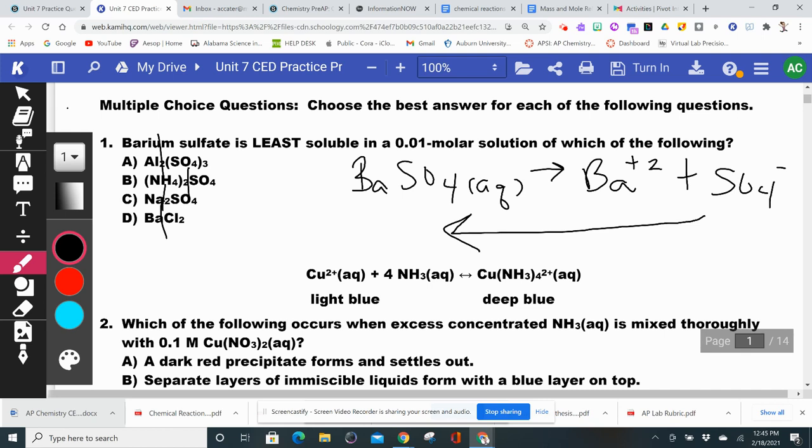Which one of these would make your reaction go back to the left the most? So which one do you think it would be? I don't know. All right, so look at the formulas. If you want this to go back to the left, what do you need to add on the right side?